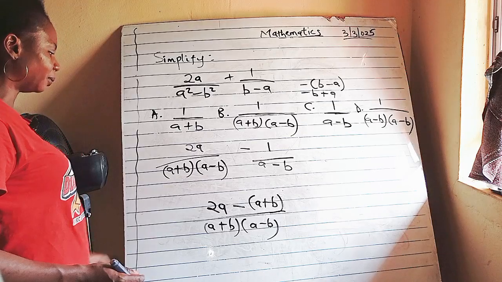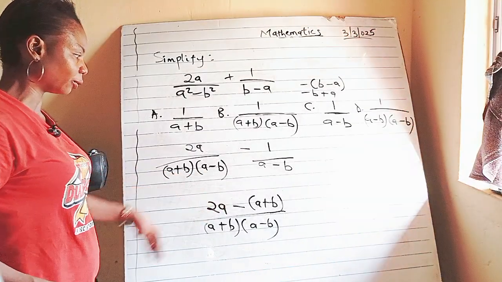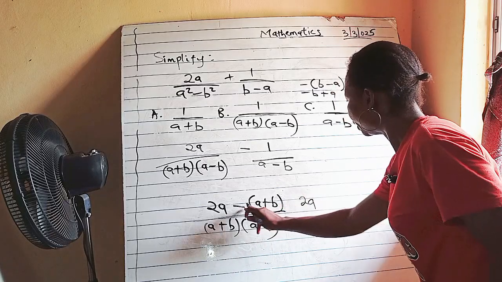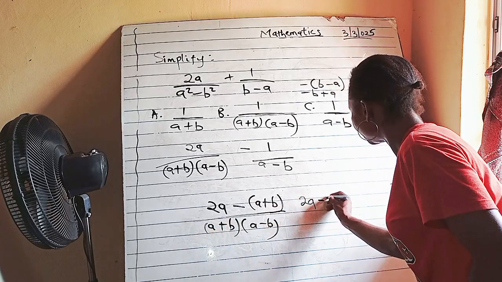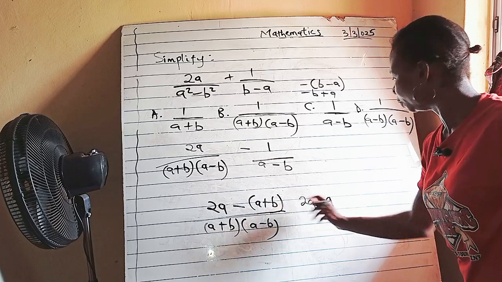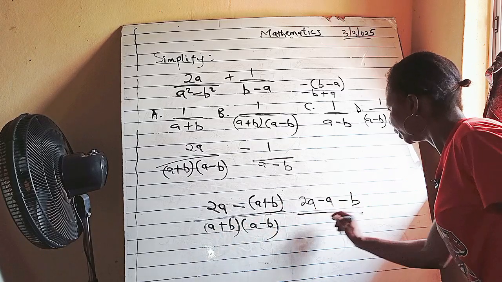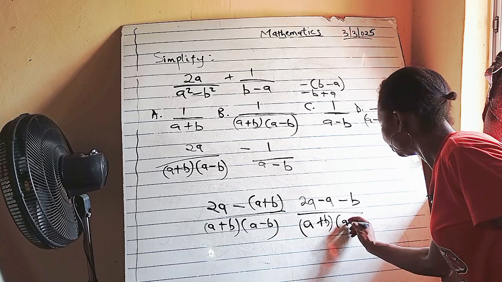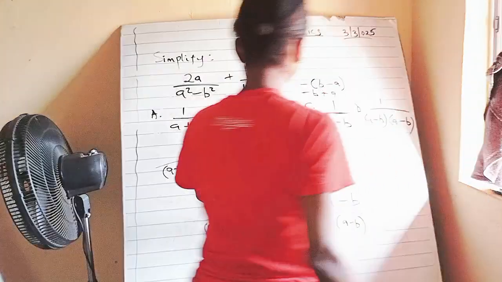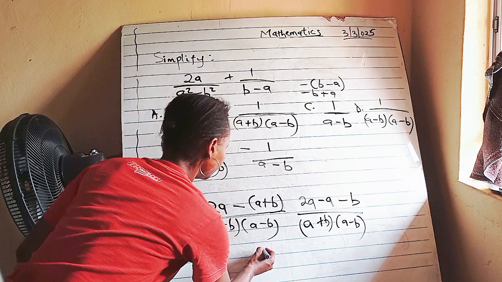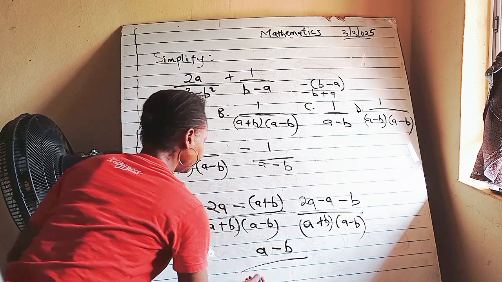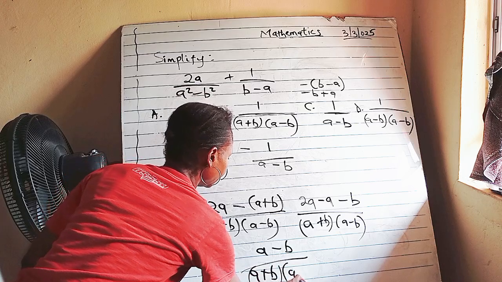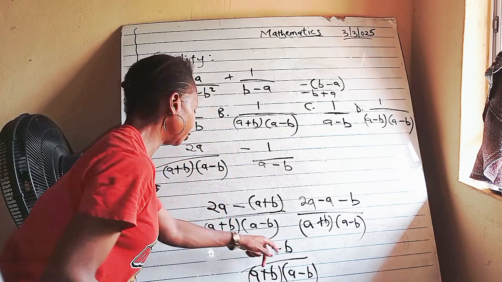Now we expand the numerator. 2a, minus times a gives minus a, minus times plus b gives minus b, over (a plus b)(a minus b). So 2a minus a gives a, minus b, over (a plus b)(a minus b).